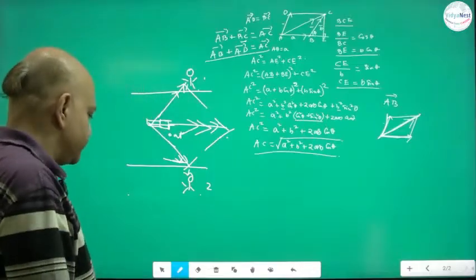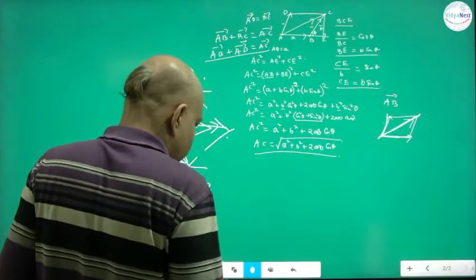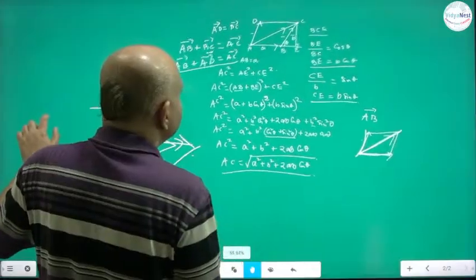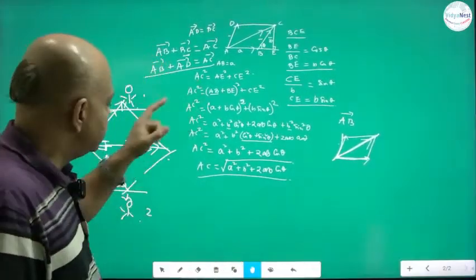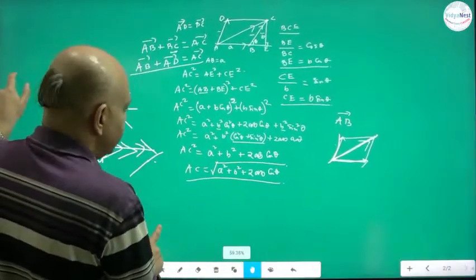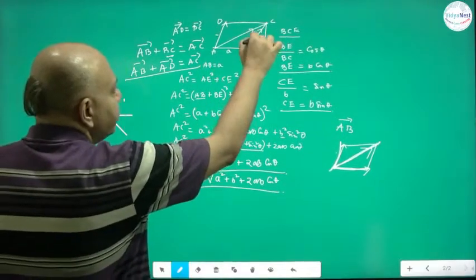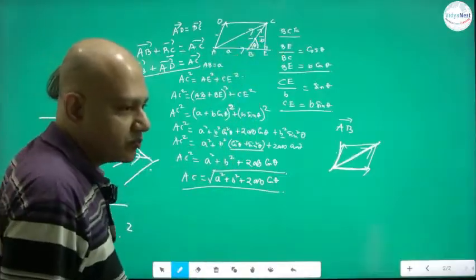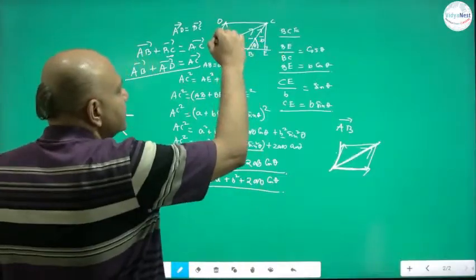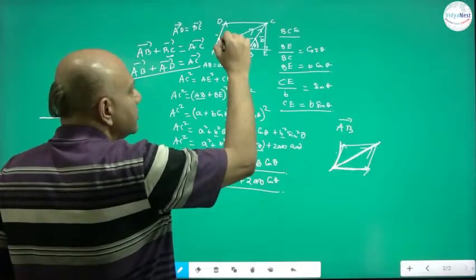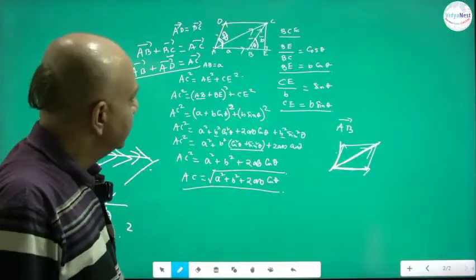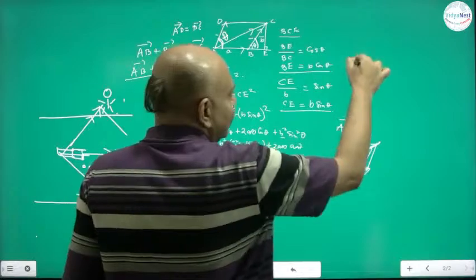Now see, if I look at this diagram of a parallelogram, if this angle is theta, naturally this angle will be theta too. Geometry, two parallel lines cutting.